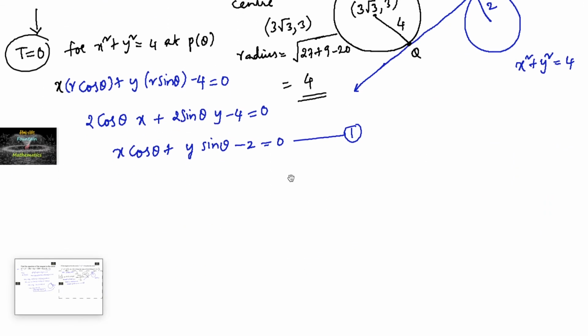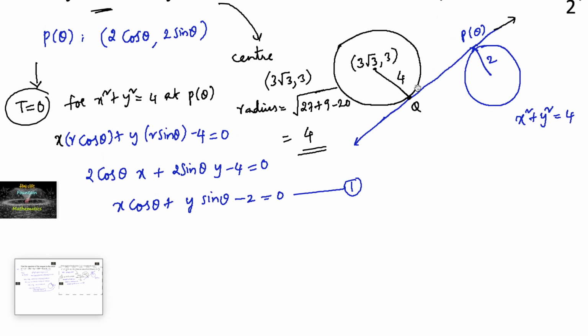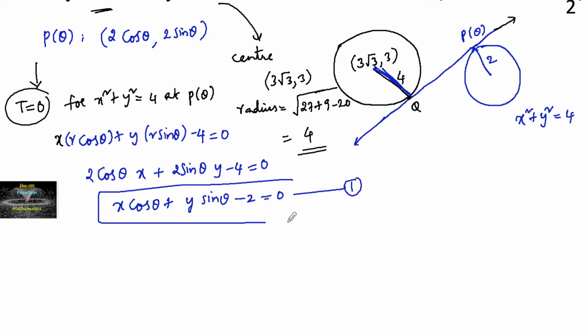and this tangent equation is also a tangent for another circle, so we can say the perpendicular distance from the center to the tangent is 4 units. So for this line equation, the perpendicular distance from the point 3 root 3 comma 3 to this line is 4 units. Let's use that concept.